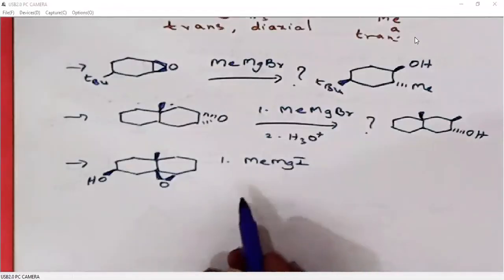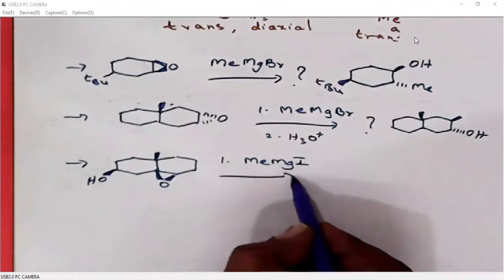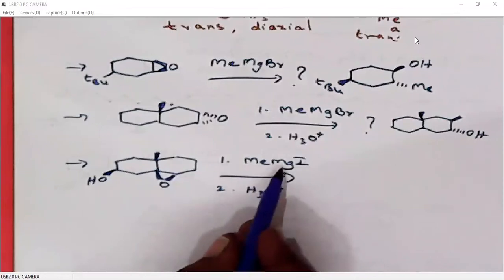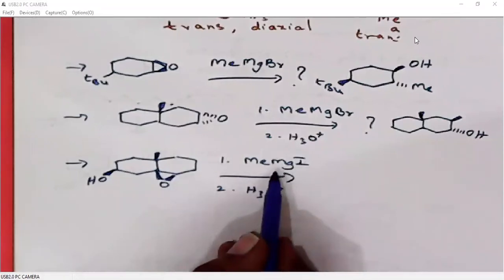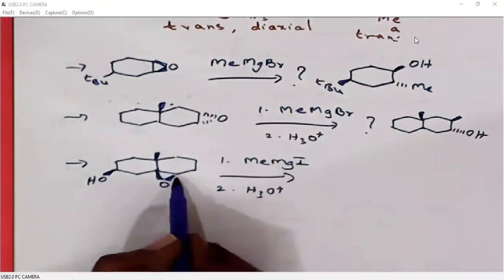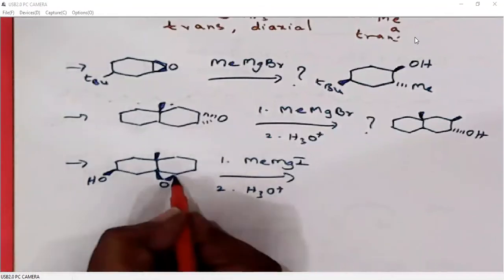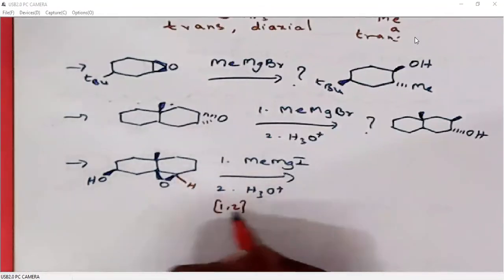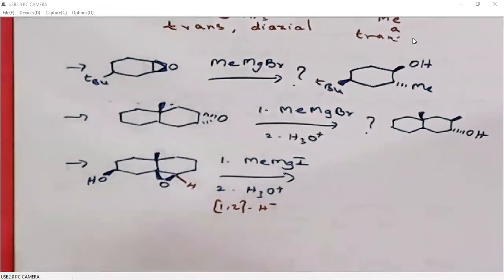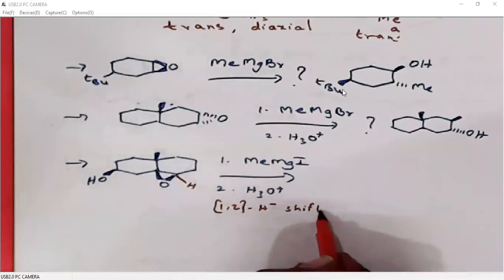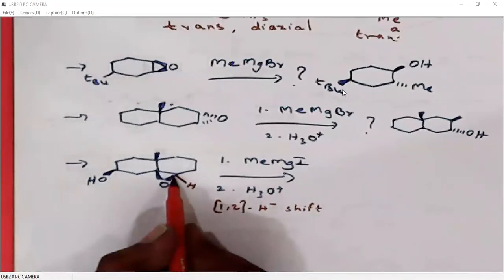When this epoxide is treated with methyl magnesium iodide, in the presence of magnesium, which can act as a Lewis acid, this epoxide will be rearranged to carbonyl. So one of the hydrogens will undergo a 1,2-hydride shift, that generates a carbonyl here.